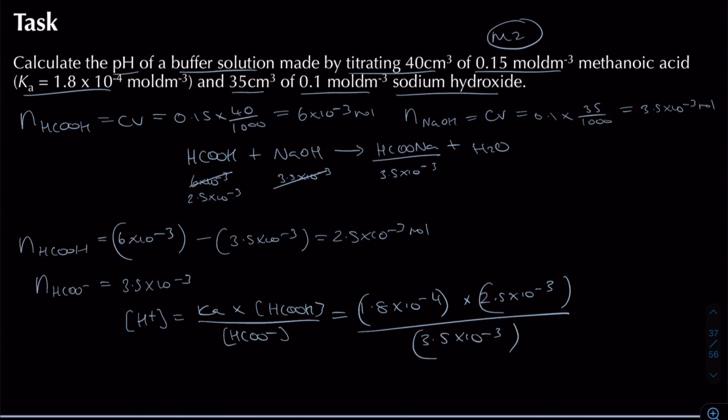I can plug in these numbers and I end up with a value of 1.29 times 10 to the power of minus 4, in moles per decimeter cubed. Then I find pH, which is equal to minus log of that value. And so I end up with the value of 3.89. So there's our final answer.